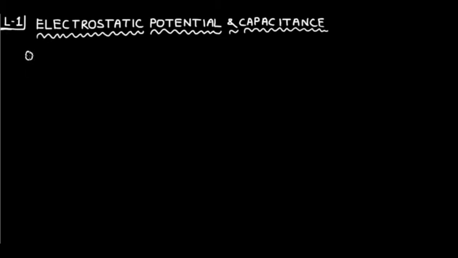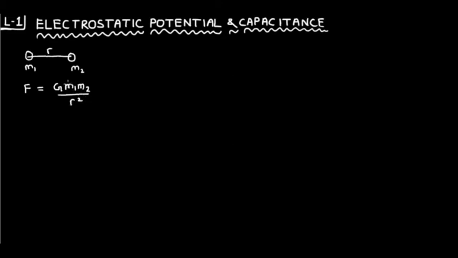So students, in class 11 in the chapter gravitation, we had discussed that if we have two bodies having masses m1 and m2, and if r is the separation between them, then the gravitational force between these two masses is given by F equal to G m1 m2 by r square.